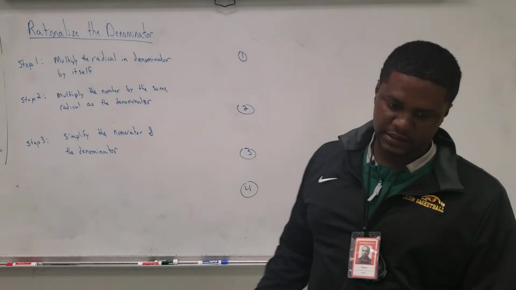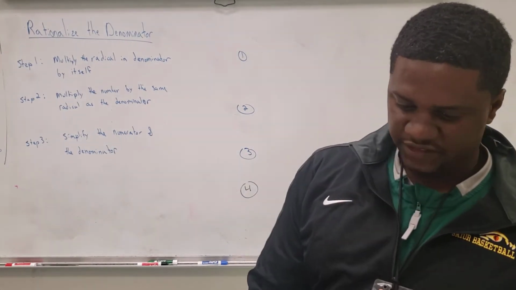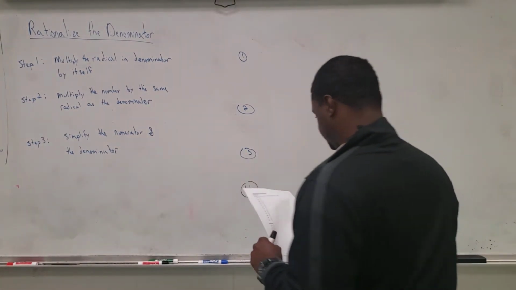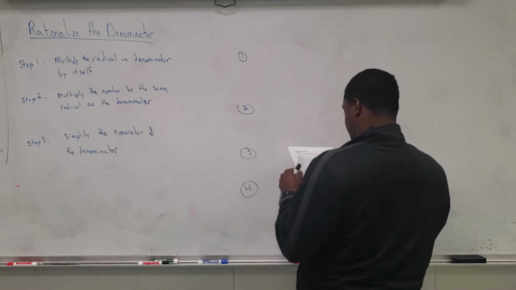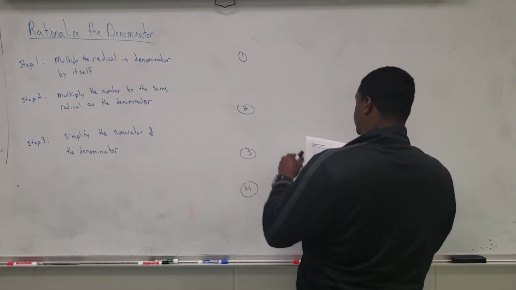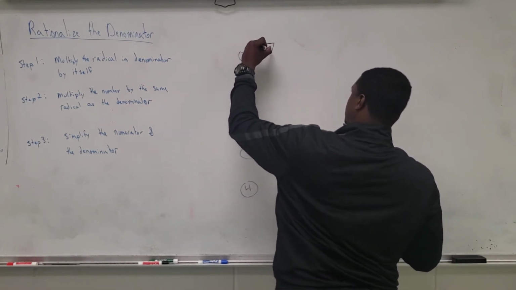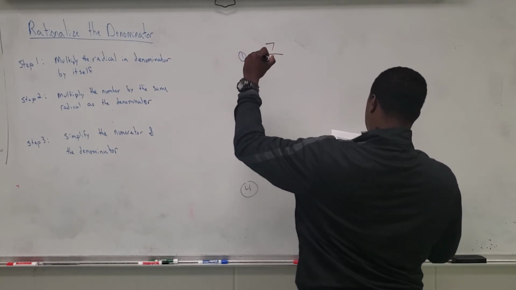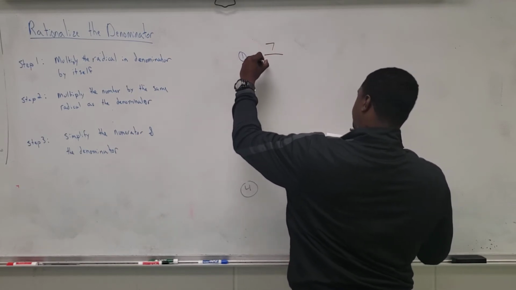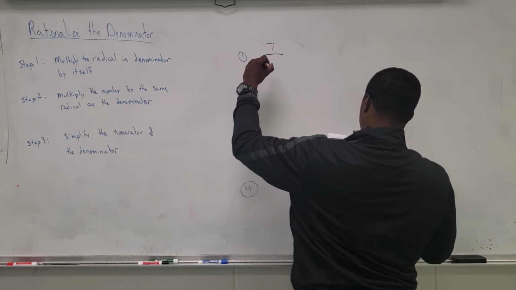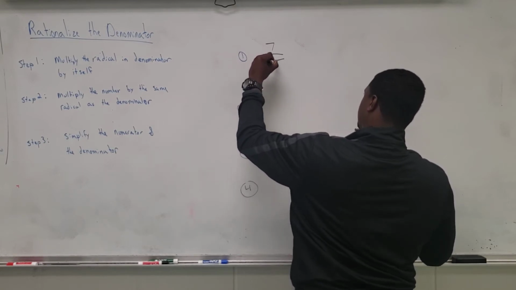All right, we're going to take a look at 355. I have 7 divided by 3 times the square root of 7.